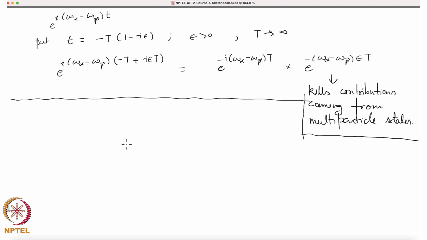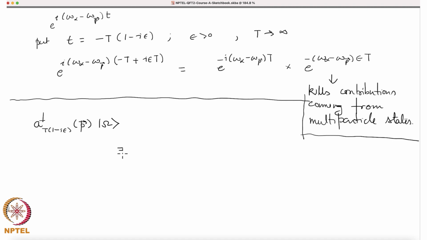What I have shown you now is that if you take this operator A dagger of P, with t1 minus i epsilon, and act it or hit it on the vacuum, then I get the following. I'll just write down the answer.